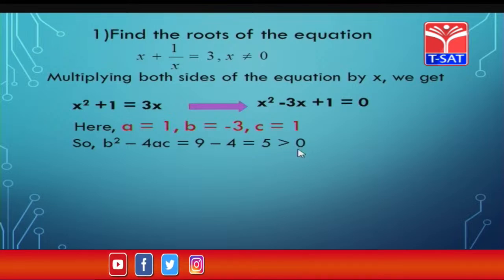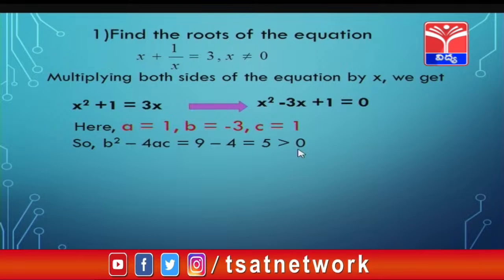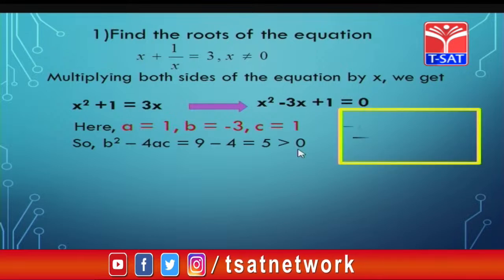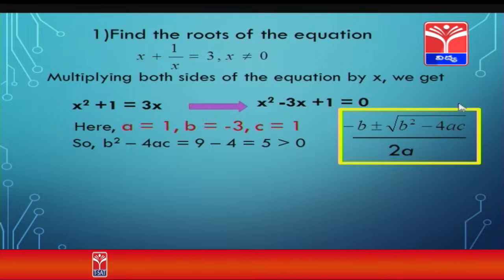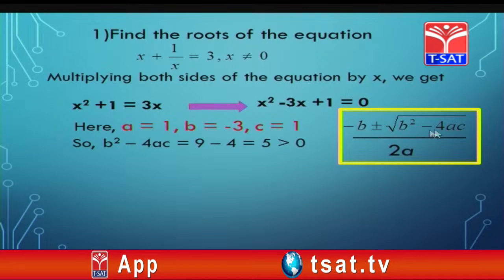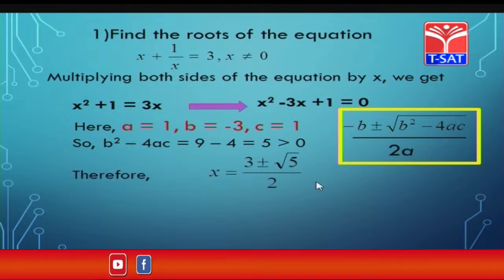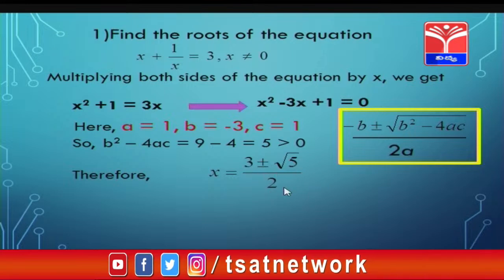So, I can use the formula to find the roots, and we have learnt that the formula to find the roots is minus b plus or minus under root b square minus 4ac by 2a. Therefore, we get x is equal to 3 plus or minus under root 5 by 2. Now, how did I get 3 here?